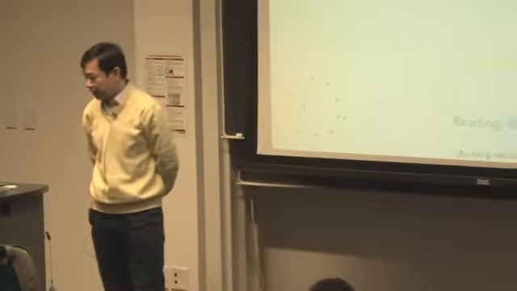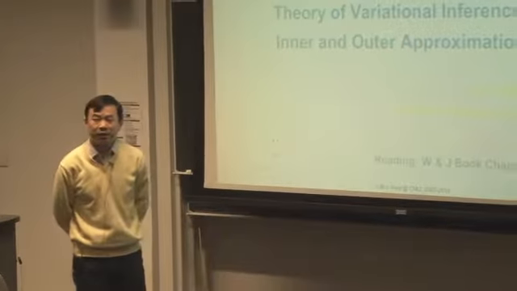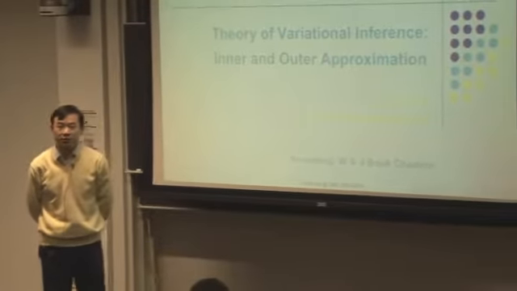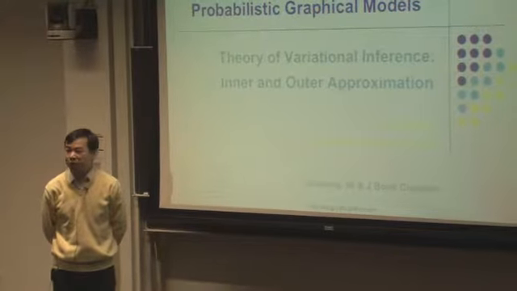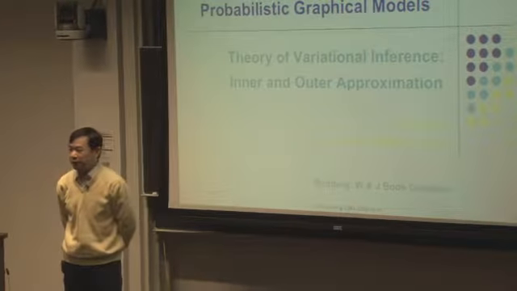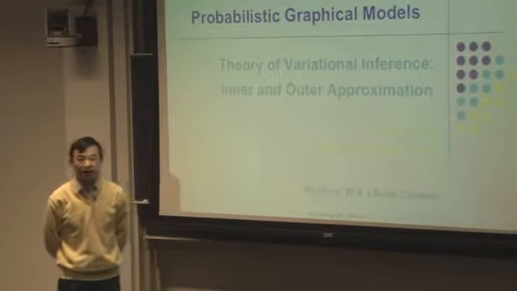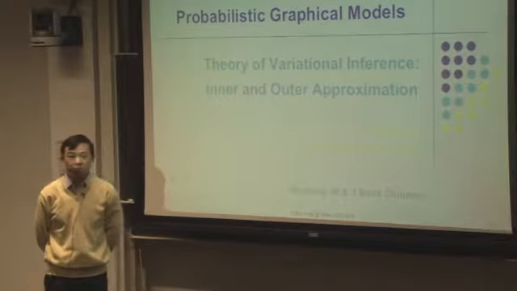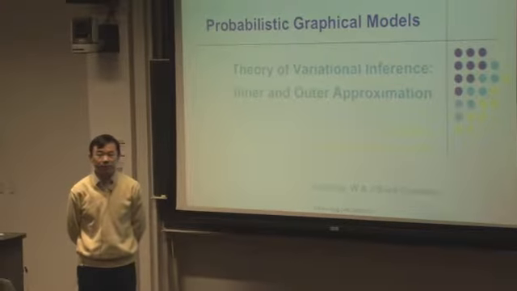So remember from last week, we covered the first topic on variational inference. Anybody still remember what particular algorithm we talked about? Loopy belief propagation. And if there's any take-home message you got from that lecture, what is loopy BP after all?